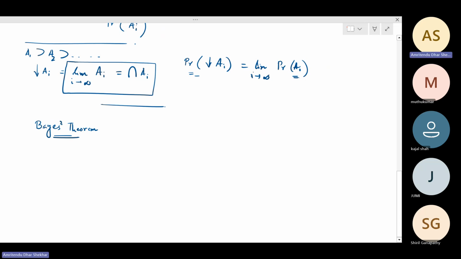In order to define Bayes theorem, we need to know what we mean by conditional probability. Now, of course, most of us would know conditional probability from basically undergraduate level stuff. But let us see how that is connected to the axiomatic framework that we have for probability.